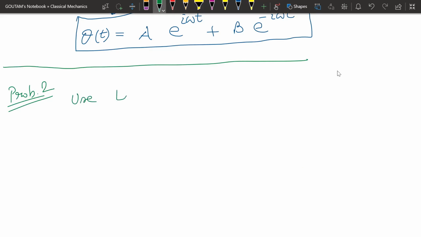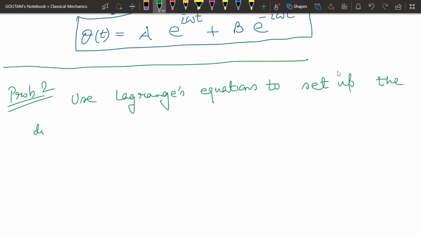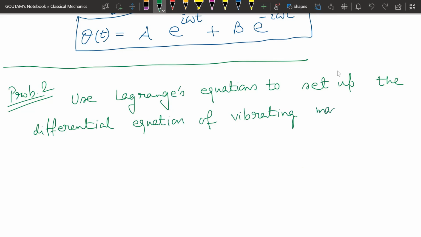Problem 2 is: use Lagrange's equations to set up the differential equation of vibrating masses shown in the figure.